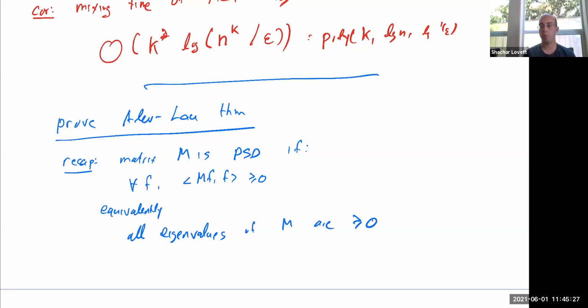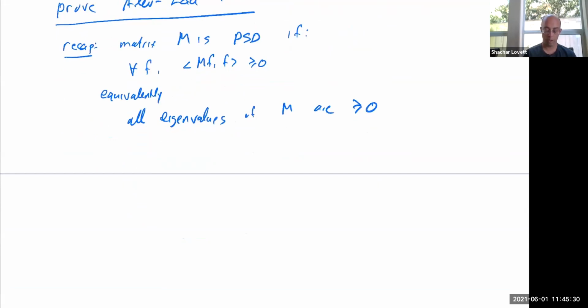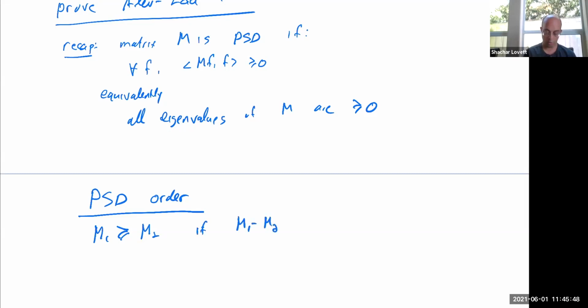So this was one definition we saw last time. And we also discussed this notion of PSD order, where we said that a matrix M1 is curly greater than M2 if M1 minus M2 is PSD. So this was the PSD order we discussed last time.